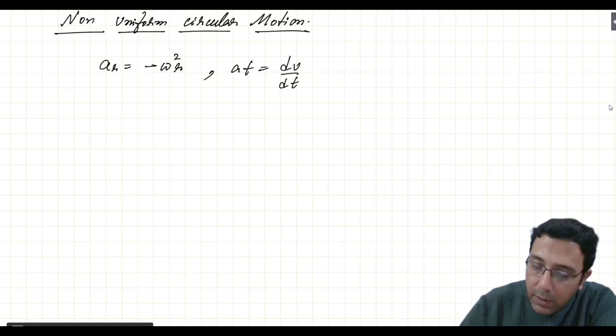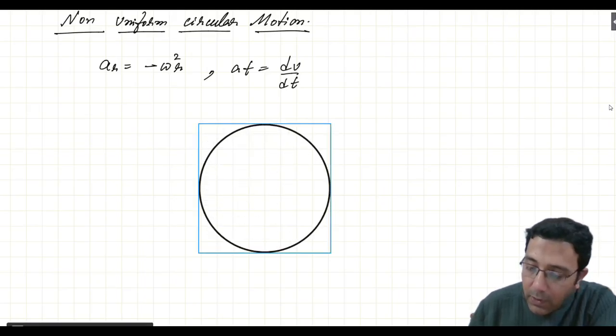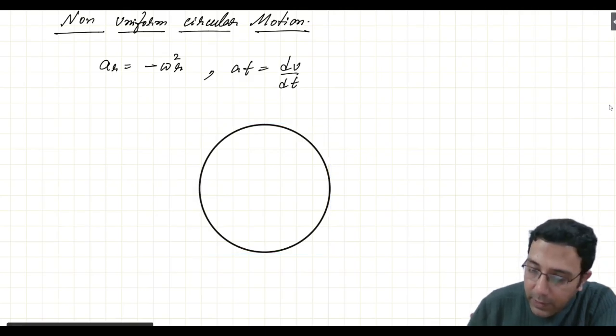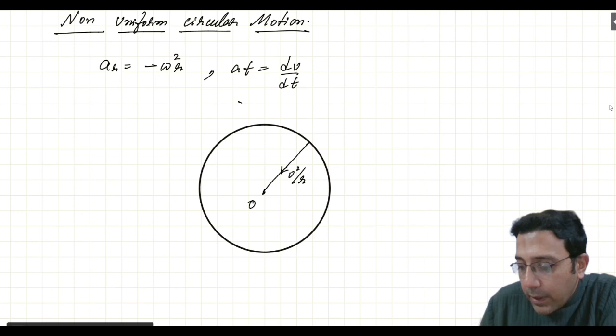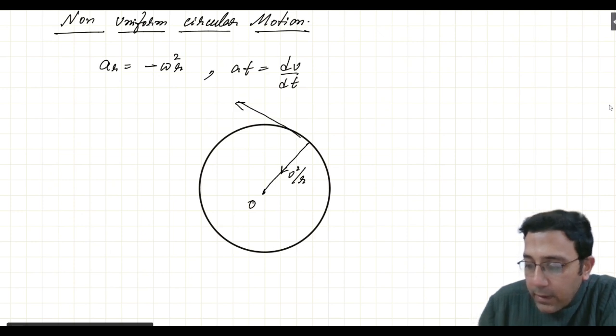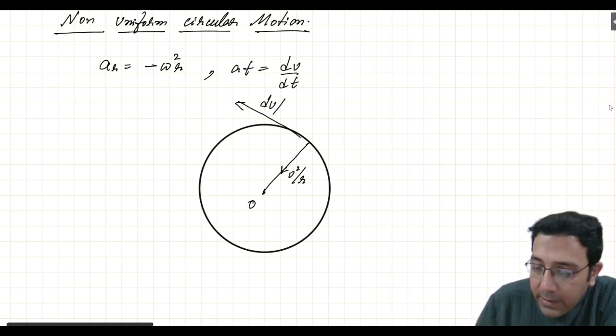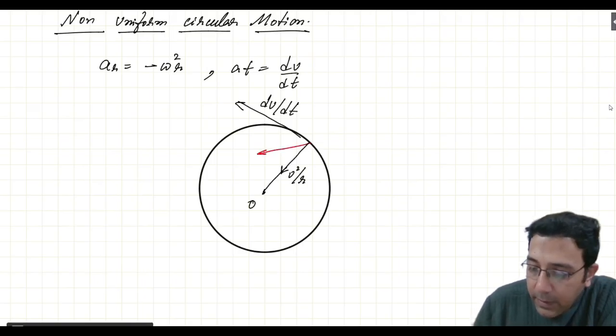If you draw a circle and mark the center, you have a component towards the center, that is v square by r, and a component along the tangent, dv by dt, and the resultant is a.